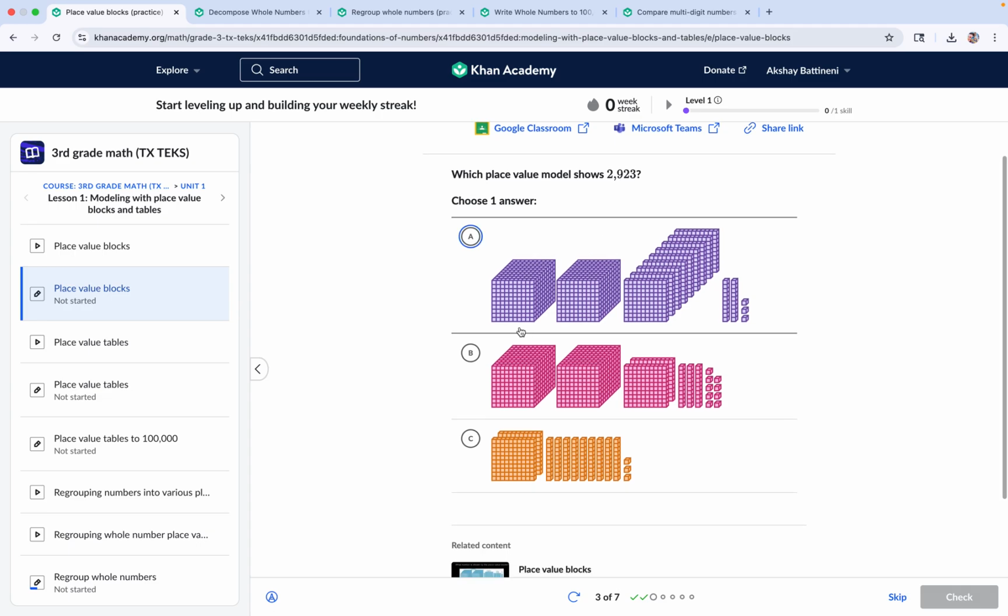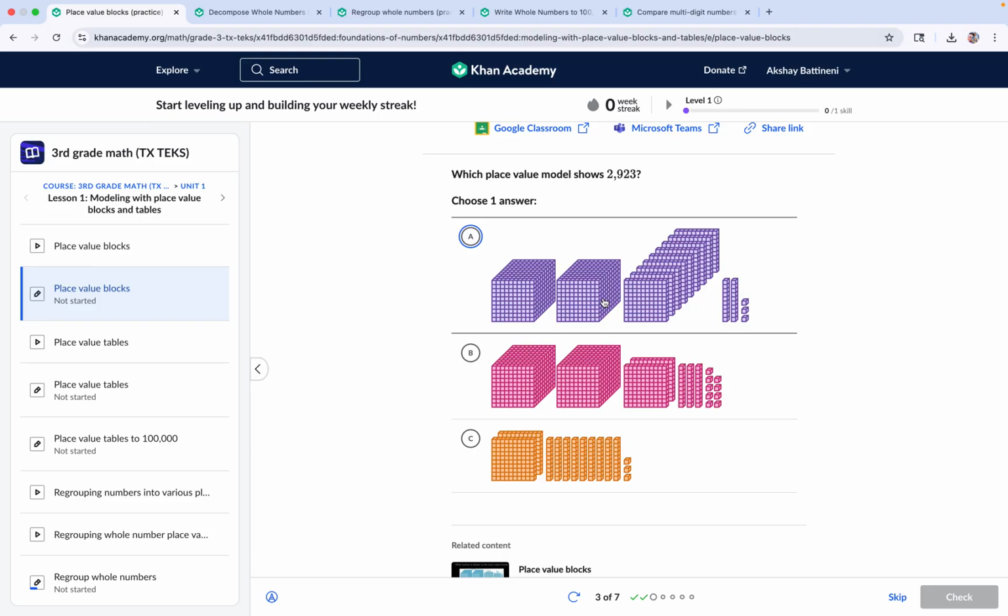Okay, so let's do the first one here. So here we have a cube and a cube here, so that's 2,000. That checks out because we have 2,000, and then now we have a bunch of hundreds. Okay, so we have 1, 2, 3, 4, 5, 6, 7, 8, 9 hundreds.